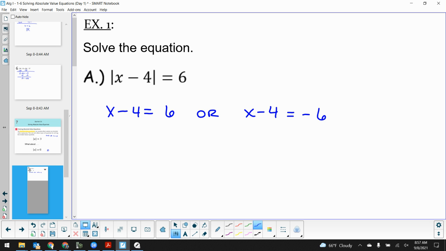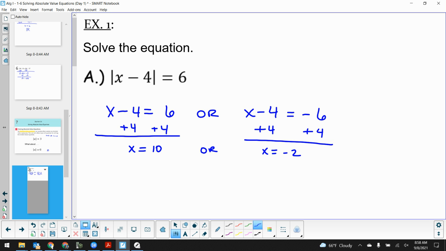Yes, I do want you to write both of them out. I want you to put the word or in between them because it has two different solutions. The nice thing is we solve them both the exact same way. We add 4 to both sides for all of this. So we get x is equal to 10. Add 4 to both sides here. Or x is equal to negative 2.